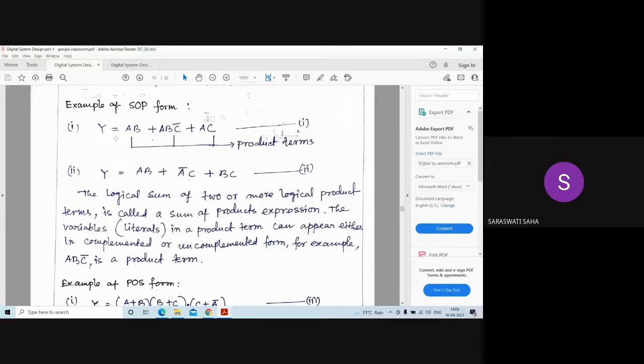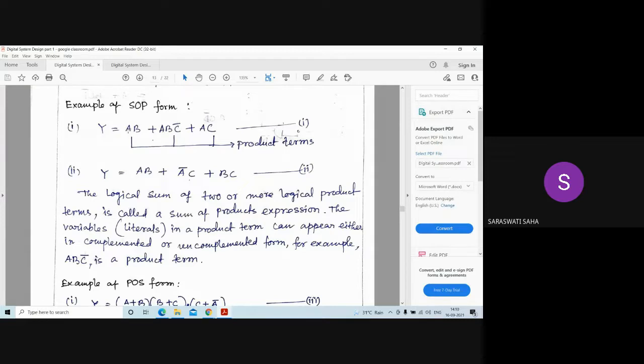Now the output is given in this form: AB plus ABC bar plus AC. In this kind of representation, we call it sum of product. Why? Each individual term is a product term because it is in AND form. ABC bar is a product term because it is also in AND form.